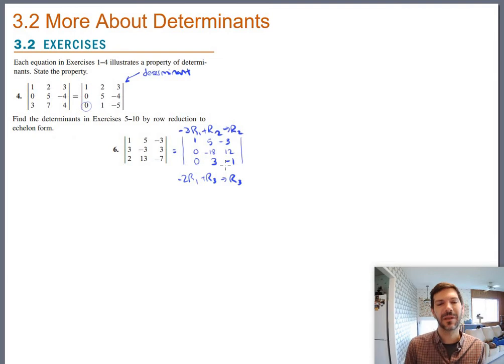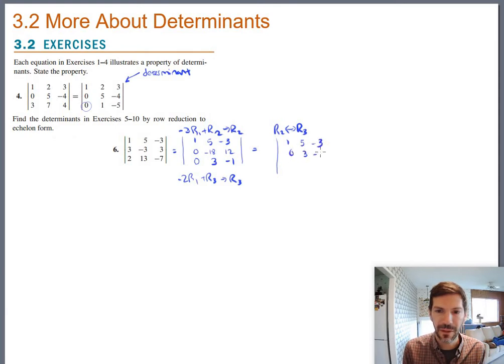But just to illustrate further, let's go ahead and swap row 2 and row 3. So I'm going to swap those 2 rows. 0, 3, -1, and 0, -18, 12.